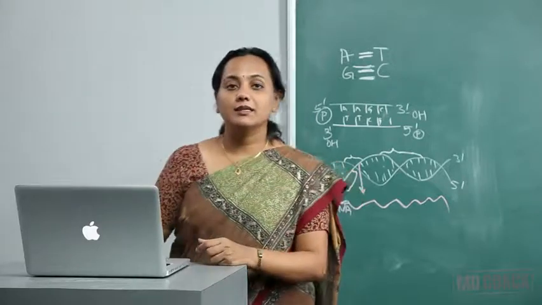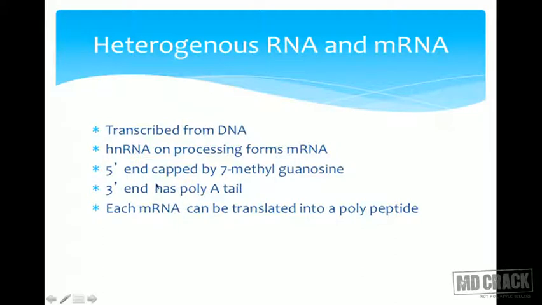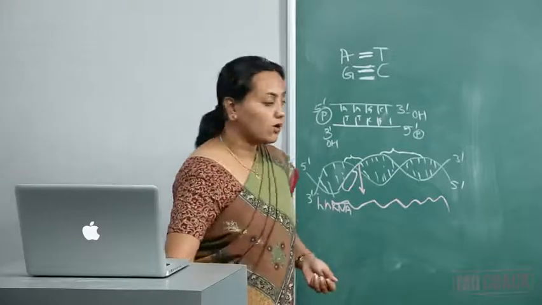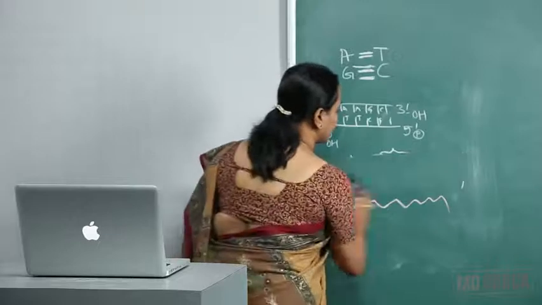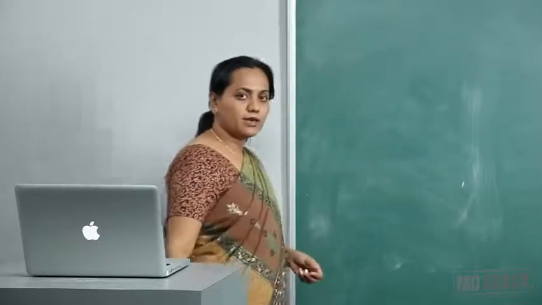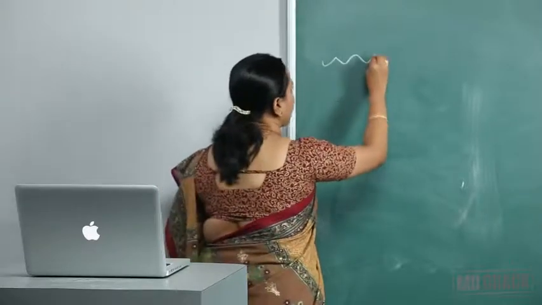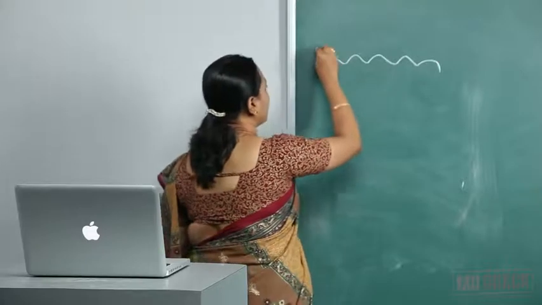Now mRNA is characterized by certain characteristic features. It has a 5' end capped by a 7-methyl guanosine. At the 3' end it has a poly A tail. So 5' end mRNA will always have a certain characteristic feature. Let me just write it for you. mRNA is single-stranded. It is got from the DNA, and mRNA has a characteristic feature at the 5' end.